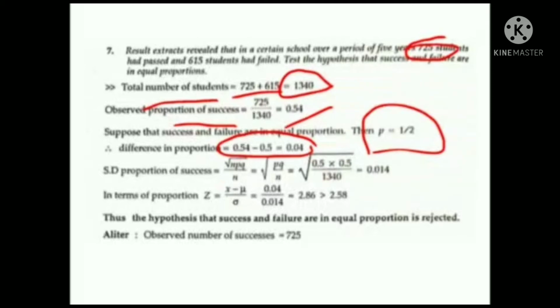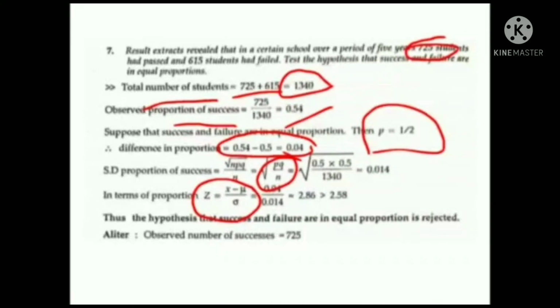The difference between these two is 0.04, which is nothing but our numerator. Understood? So once we come to the test statistic, z is equal to x minus mu divided by sigma. Sigma, how do you find it? Sigma is given by under root of npq divided by n. Otherwise, root pq by n. Okay, square root of pq by n.